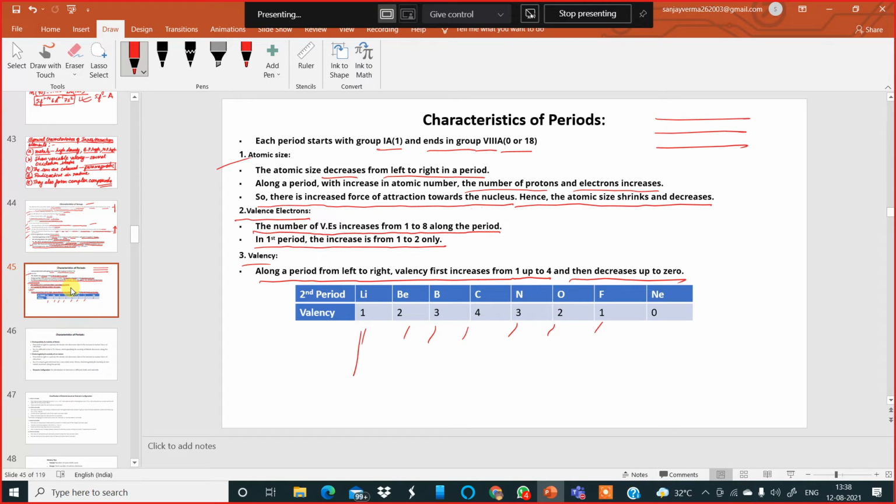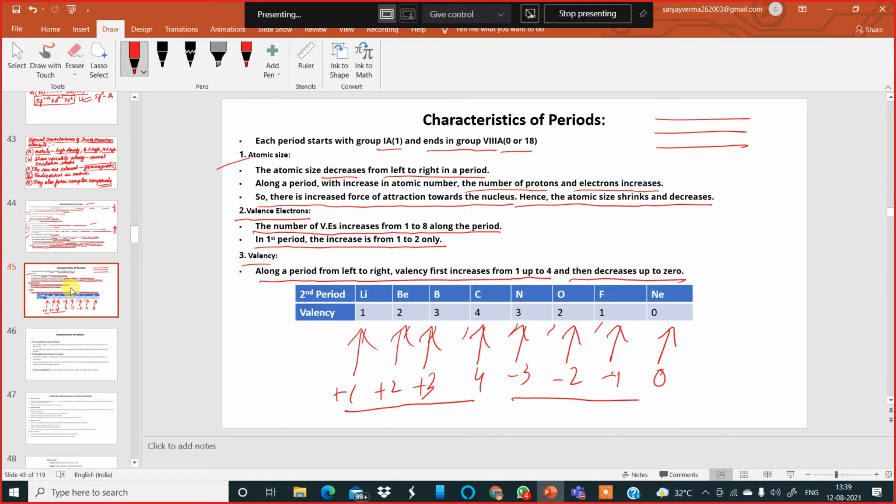So you can see over here, valency 1, 2, 3, valency 4, then 8 minus 5, 8 minus 6, 8 minus 7, 8 minus 8. So that's why it is 0, minus 1, minus 2, minus 3, 4, plus 3, plus 2, and plus 1.